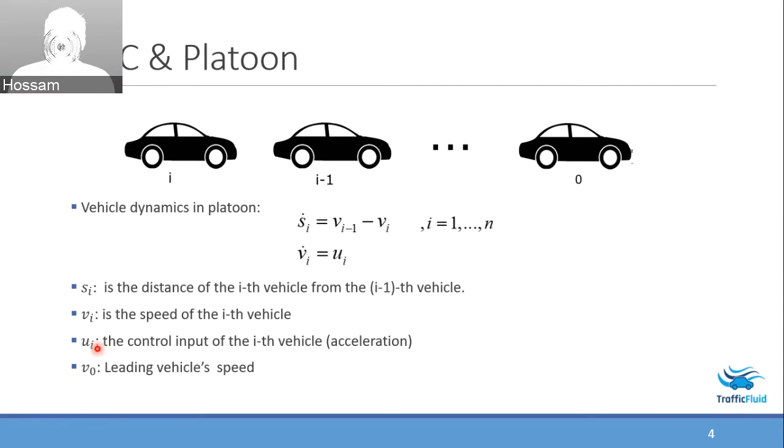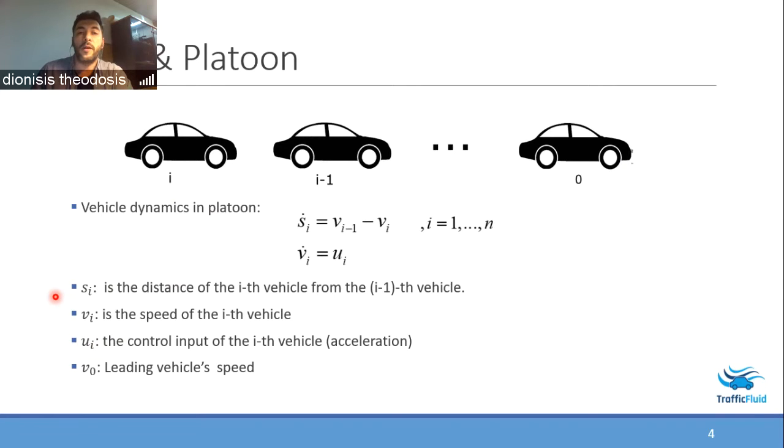With s_i we denote the back-to-back distance between two vehicles. With v_i we denote the speed of the vehicle, and u_i is the acceleration input of the vehicle.